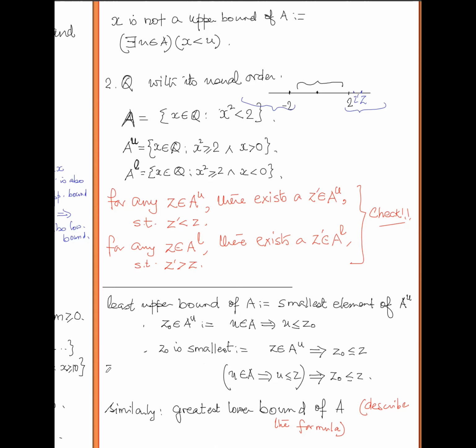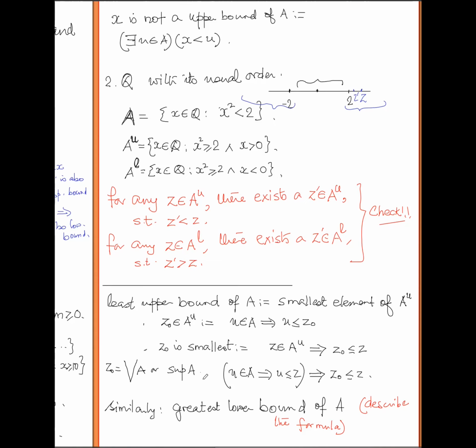And in such a case, we usually denote it as a big V and then A, or another notation is sup of A. You will see this usage mostly in analysis books. And similarly over here, it is denoted as a big wedge and A, or inf of A.